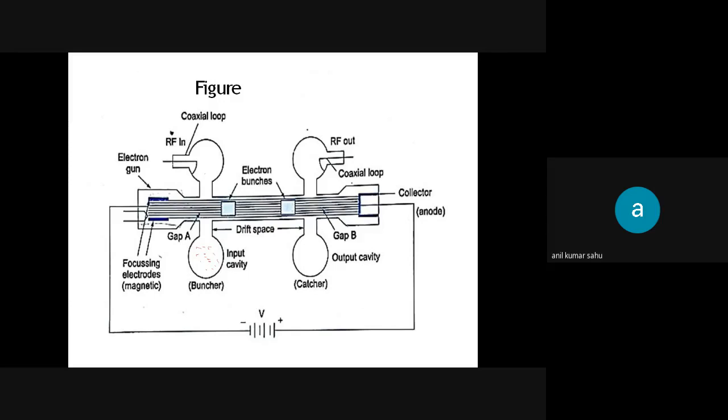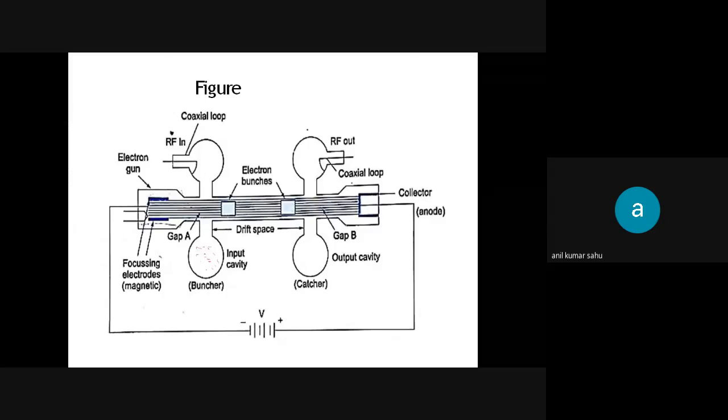First one is the block diagram, which tells you the structure of the two cavity klystron and its components, and their working functions you have to remember. Here this figure represents the two cavity klystron.